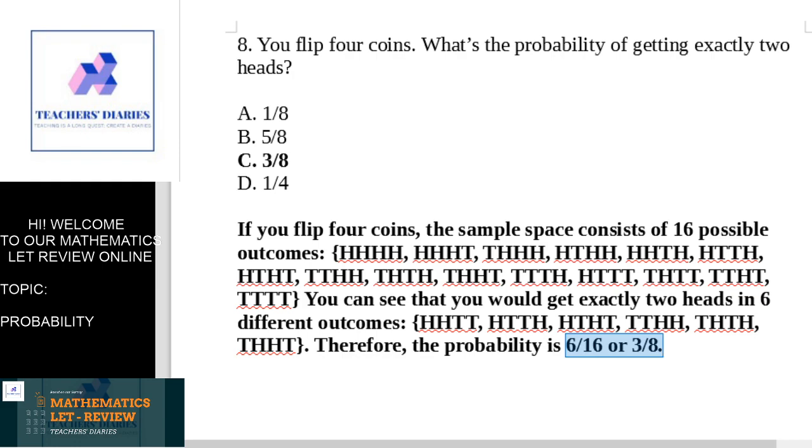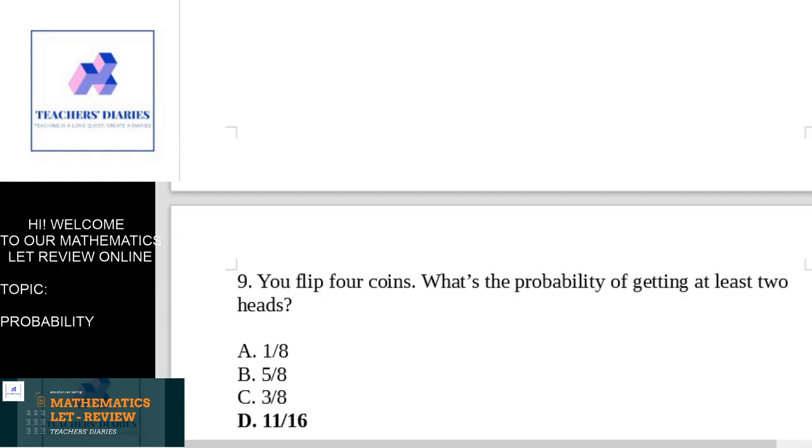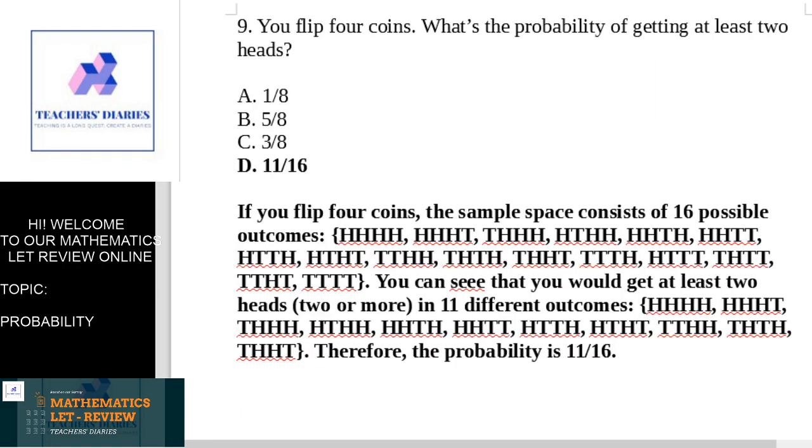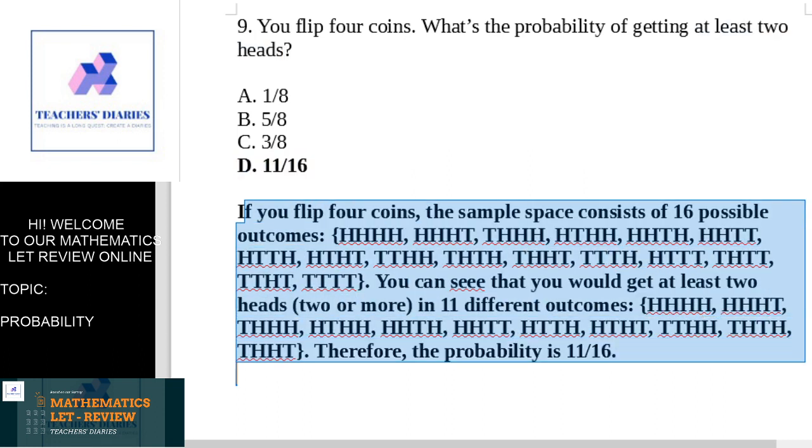Okay. Now let's proceed to number 9. Same, flipping 4 coins, but here it's not exactly 2, but at least 2 heads. The answer here is letter D, because, same as earlier, we have 16 possible outcomes, but what we try to look for now is at least 2 heads.